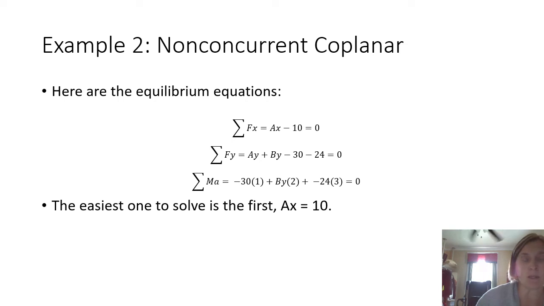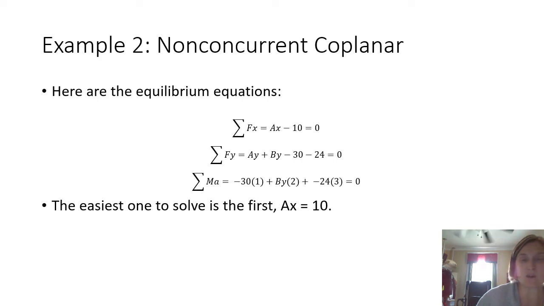Now for my moments, I'm going to have to look at the force and the direction from A. So that 30, that simplified distributed force, is 1 meter from A. The BY is going to be 2 meters from A. Okay, and that 24 is 3 meters from A. So that's where my moment equation is.